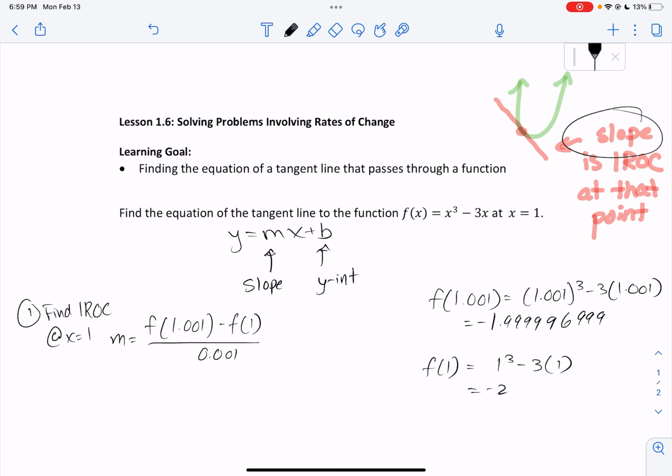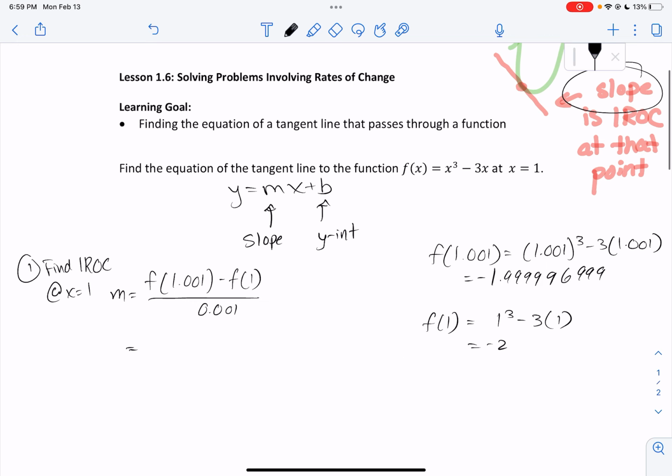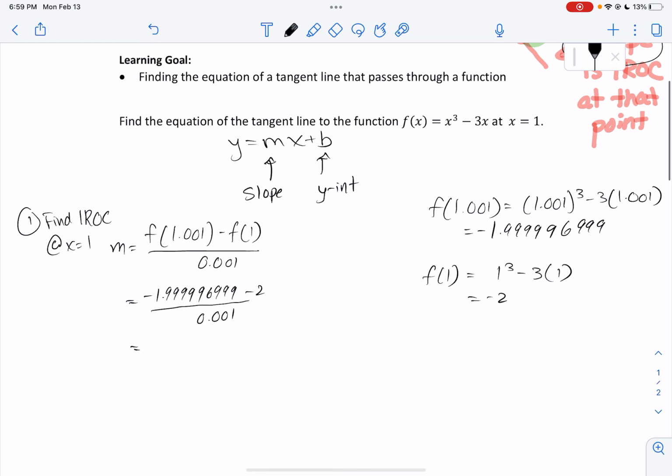All right, and now let's plug this back in to find m. So we have negative 1.99996999 minus 2 all over 0.001. When we do this calculation, we have negative 1.99996999 minus, sorry, minus negative 2.